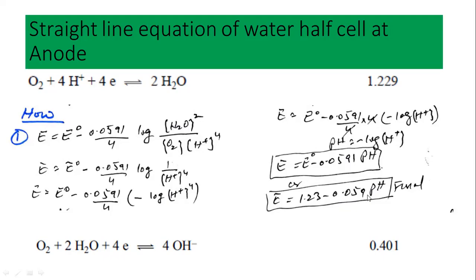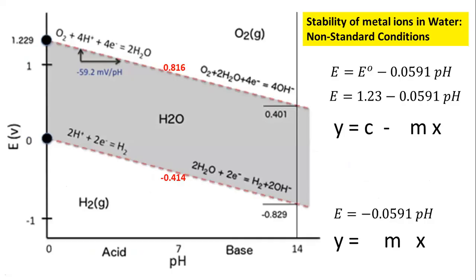So the importance over here is, again, this is the graph we have discussed. Right now I have derived the Nernst equation to have the state line equation for both half cells. Now, what is the purpose or importance of these two state line equations? One is with intercept, and this is without intercept.